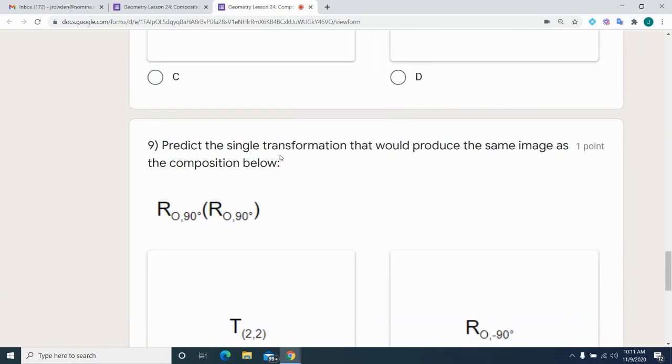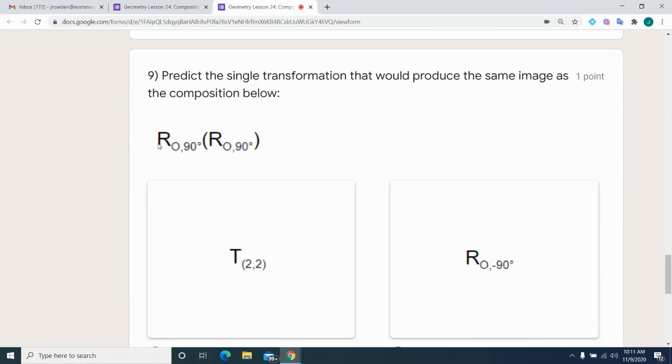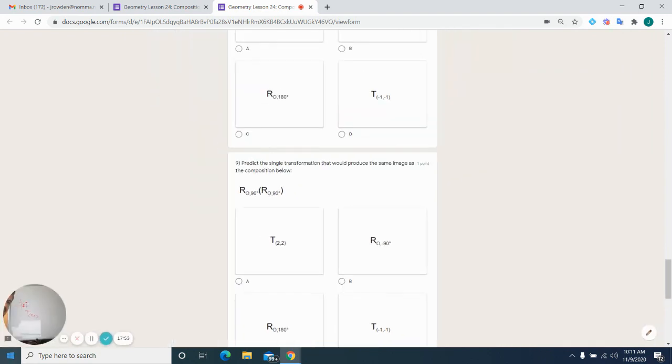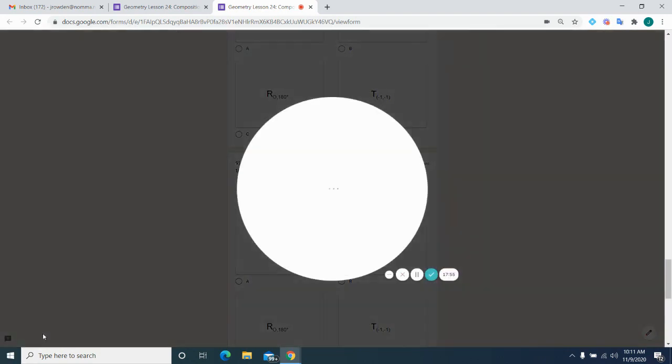Predict the single transformation, so same thing. So if we rotate 90 and then we rotate another 90, where would we end up? Some of you can probably just do the math in your head real quick. But still, let's see what would happen. So if we have, say, a triangle right here, first we rotate 90, that will put it right here.